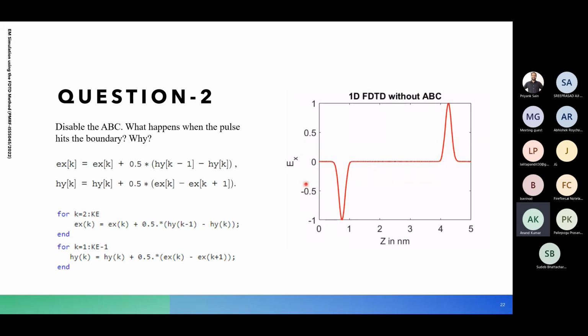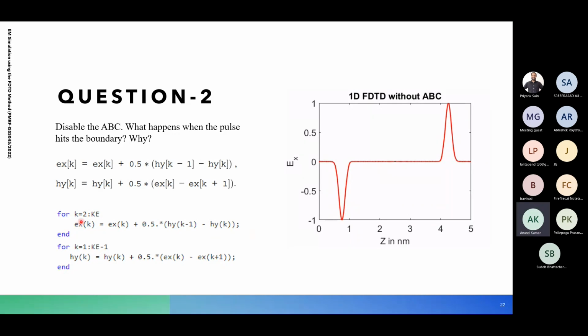The case when the electric field is 0, we refer to that point as a PEC, a perfect electric conductor. There the wave gets reflected, and we see a 180-degree phase shift on the left-hand side boundary. In the magnetic field update equation, we are calculating it till Ke minus 1, so Hy at Ke is 0.